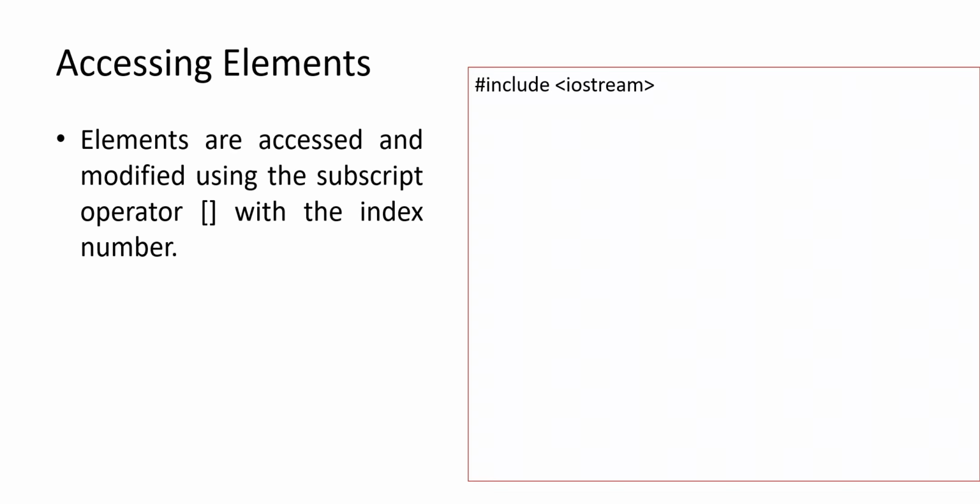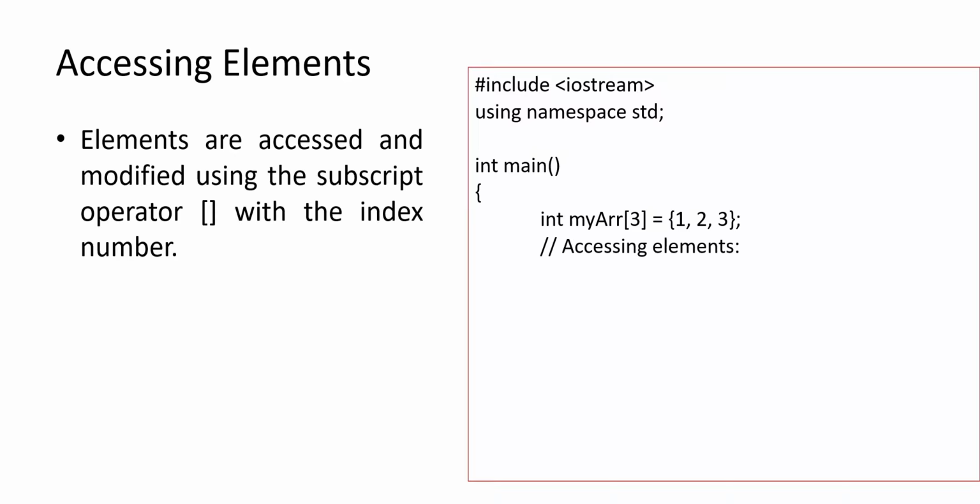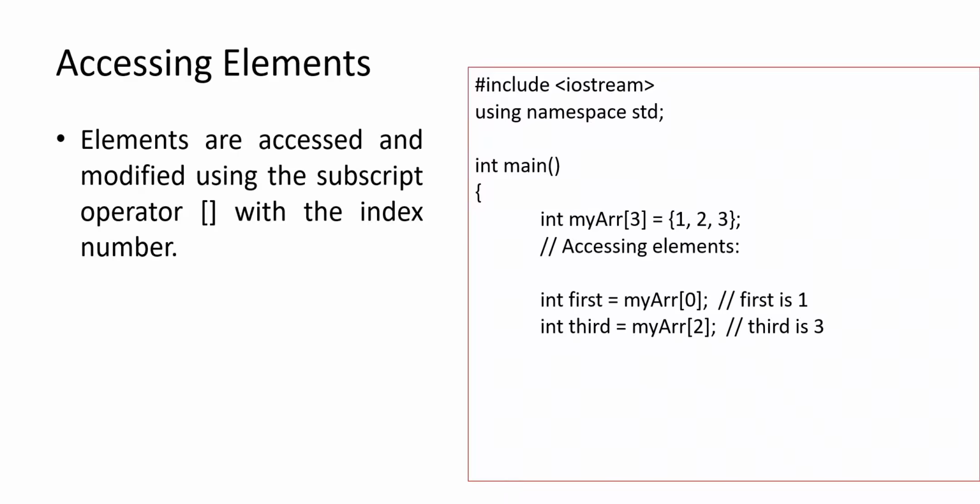Here we have int myArray[3] = {1, 2, 3}. So memory is allotted for 3 integers.